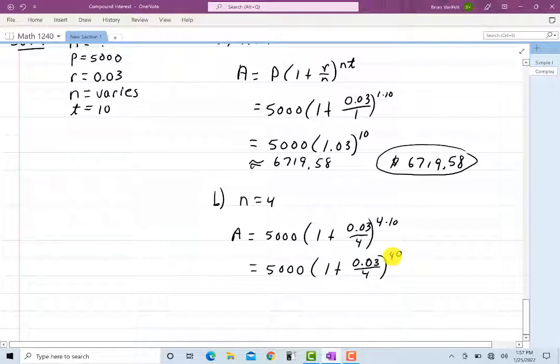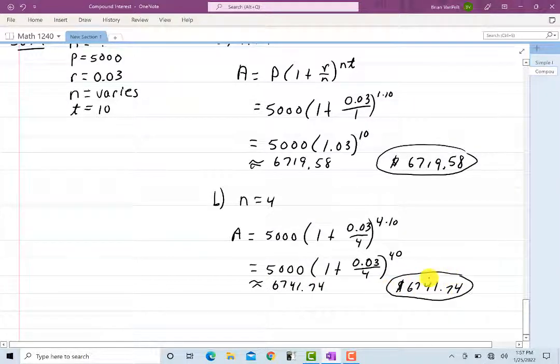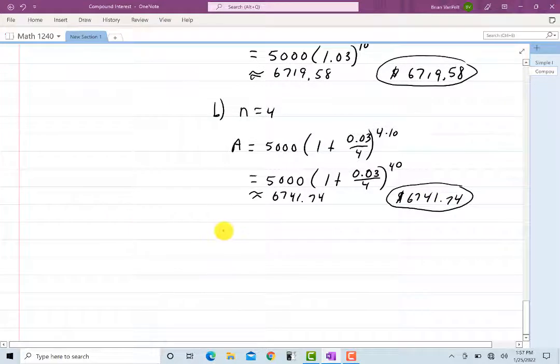And let your calculator do the rest. So here we have 6,741.74. And you can see that's quite a bit more than for part A. Now as we go to the next one, which is monthly, you're going to see that the jump is going to go up, but not as much as it did the first time.